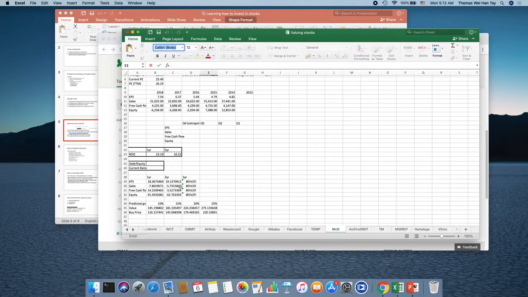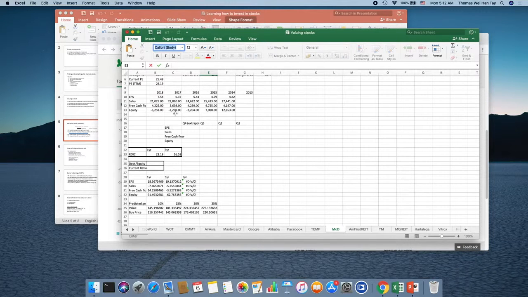And for sales, it has declined by about 7%. For free cash flow, it increased by 14% in the past year, but in the past 3 years it has decreased by 3%. So there's not really a growth in the free cash flow.